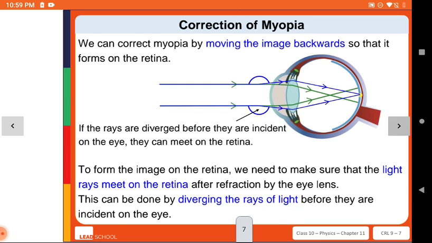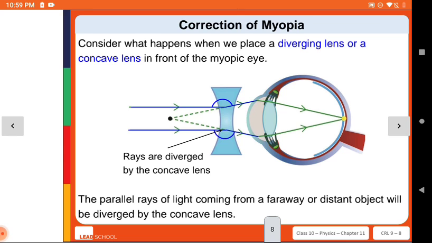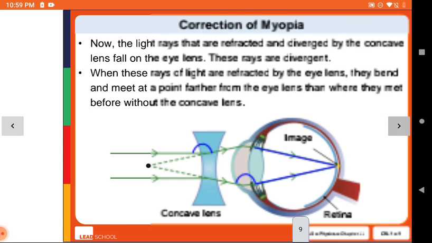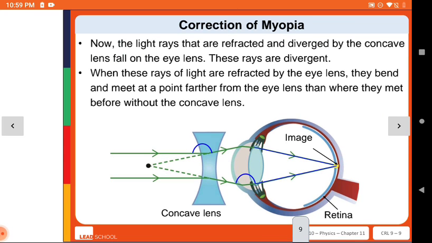There we use a diverging lens, that is, a concave lens, to correct the vision. That is the reason when myopia is there, we use a concave lens. The concave lens helps to diverge the rays of light and the image is formed on the retina.